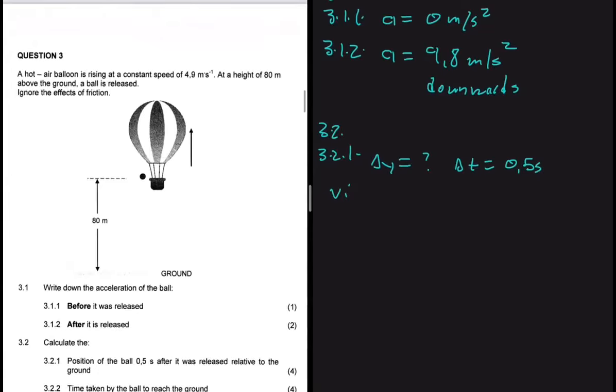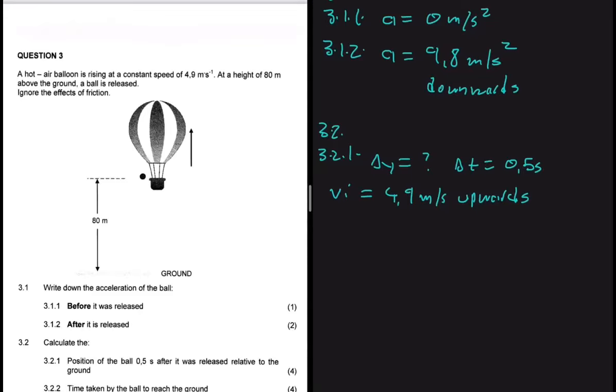If we come back here to our question statement, the hot air balloon was rising at a constant speed of 4.9 meters per second. And then that's when the ball got released, right? So vi of the ball is also 4.9 meters per second upwards, right? Because the balloon was moving upwards. So that's the vi, the initial velocity of the ball after it was released.